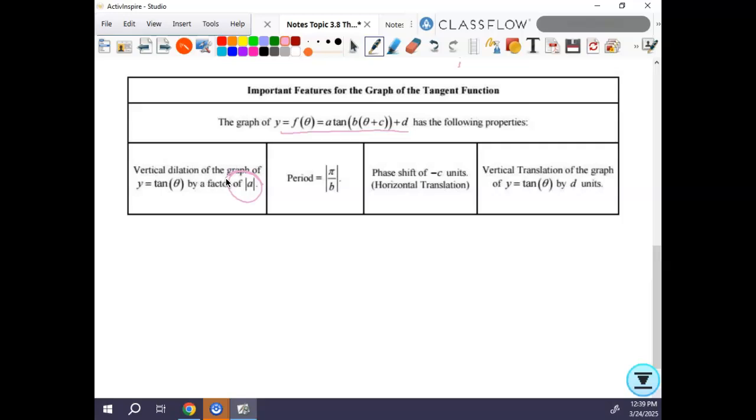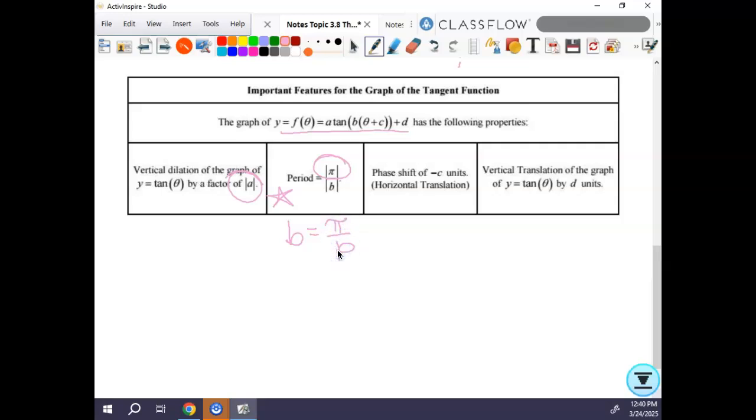Tangent does not have an amplitude because the amplitude is the distance from the midline to a min or a max, and there is no minimum or maximum because we're going to infinities. So it's still the A, it's still a stretch, still does the same thing. It's just not called the amplitude. And then period, you basically do it the same way, except this is pi instead of 2 pi. So don't forget that. And then if I need B, that would be pi divided by the period.